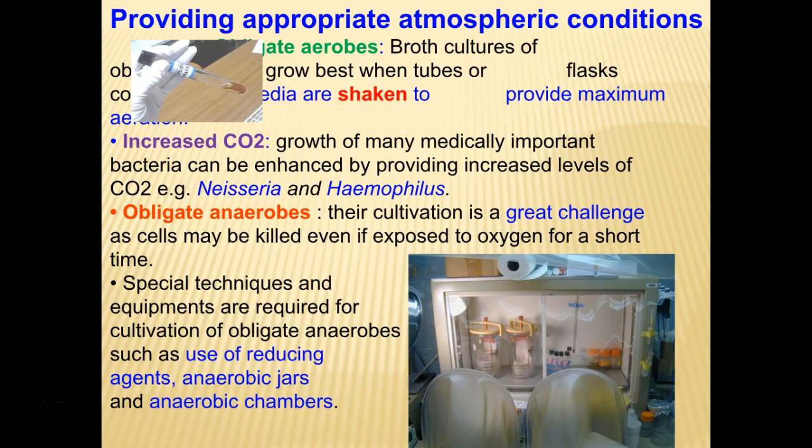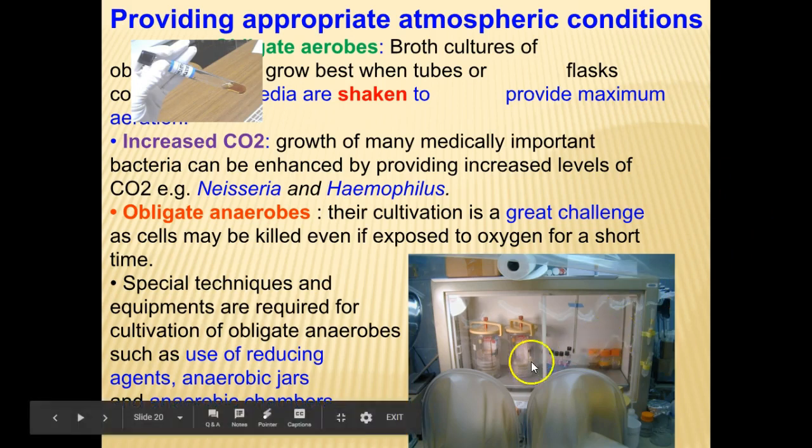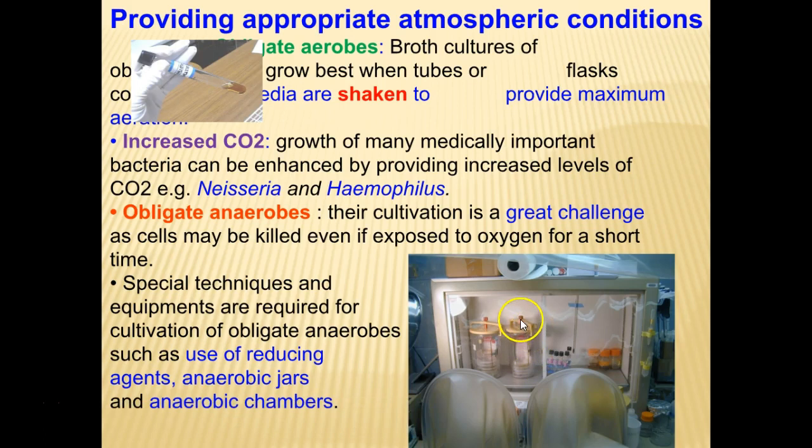Obligate anaerobes, boy, theirs is a challenge, right? We need oxygen. So how in the heck do we study something that's anaerobic that can't be exposed to oxygen? Well, you can see down here in this anaerobic chamber that there are these cylinders, and they've got a screw lid and a vacuum attachment at the top.